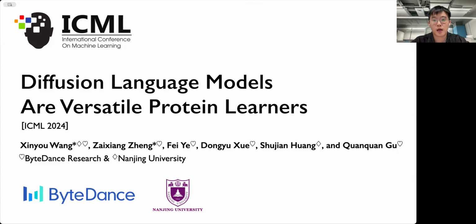Our work is titled "Diffusion Language Models are Versatile Protein Learners," which has been accepted to ICML this year. This work was done with my excellent collaborators, especially our intern Xinyu from Nanjing University, and my colleagues Dongyu, Zhouyi, Fei, Shujian and Chen.